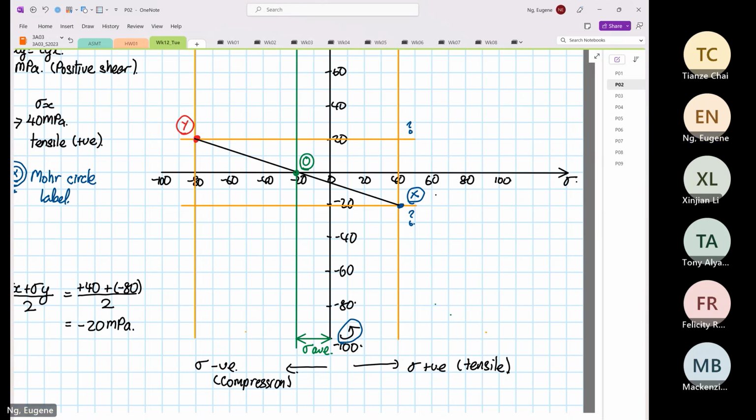Now the next thing that we like to calculate is the radius of our circle. Mathematically it is very simple to calculate.